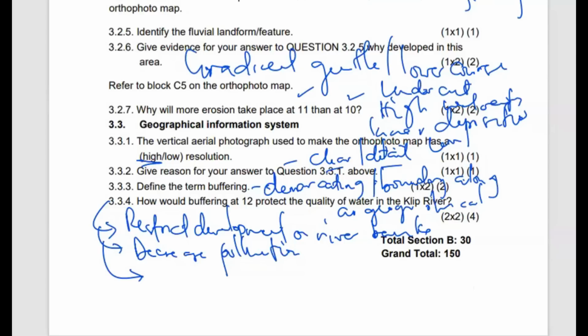And also, it will decrease eutrophication. The disposal of fertilizers into the river, causing the excessive growth of algae in the river, is going to be limited because of buffering or putting a boundary along the river.